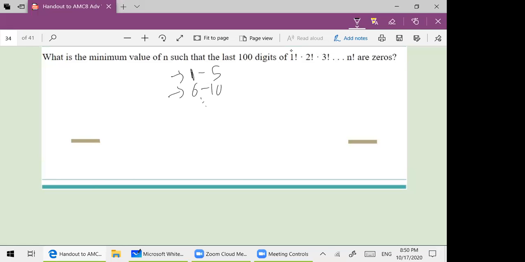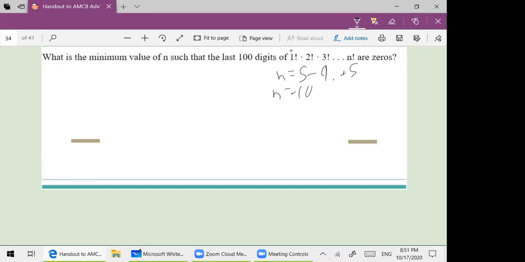Okay, so first of all, clearly the number of factors of 2 is going to be larger than the number of factors of 5, so it's the factors of 5 that matter again. From n equals 5 to 9, you get plus 5.